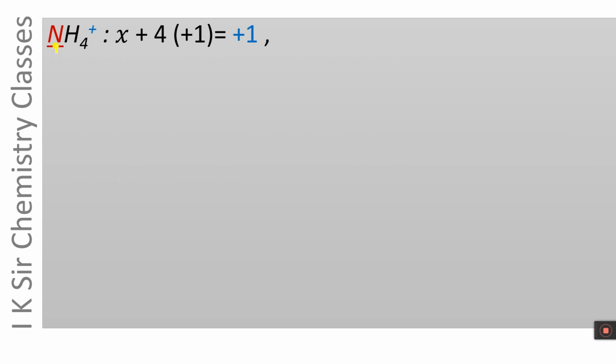NH4 plus, the oxidation number of nitrogen x, the oxidation number of hydrogen +1, oxidation number of 4 hydrogen atoms +1 into 4, and it is equal to +1, the charge. On solving it, we get x equals to -3.